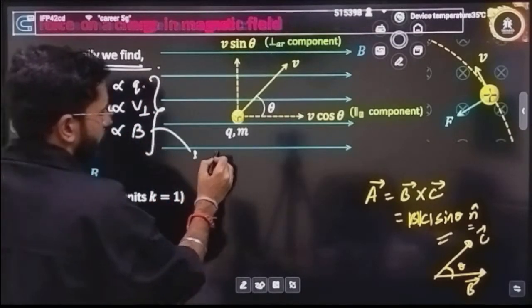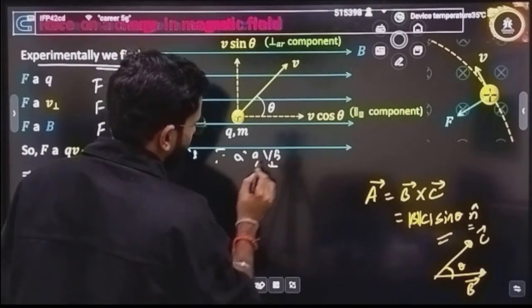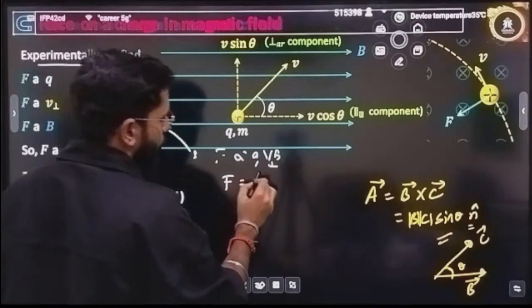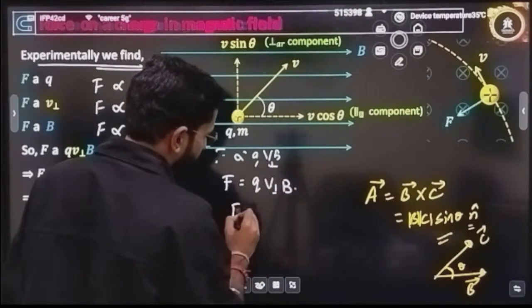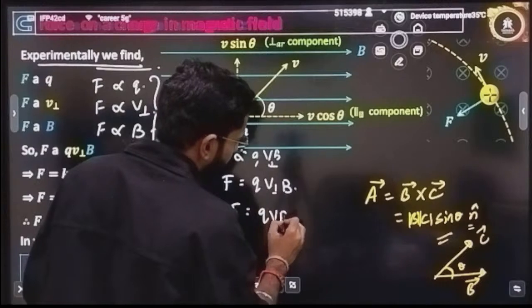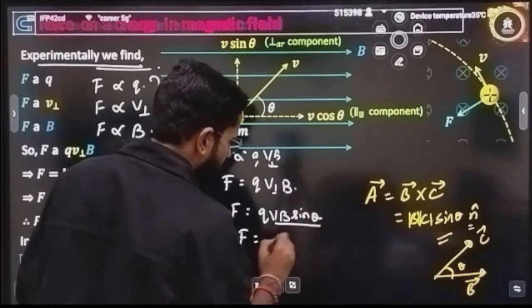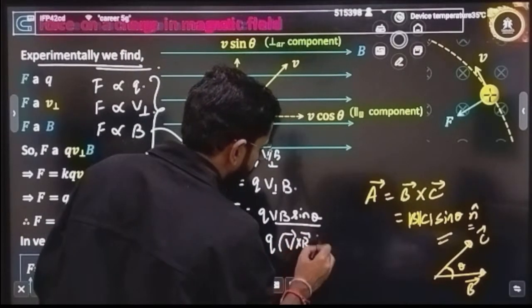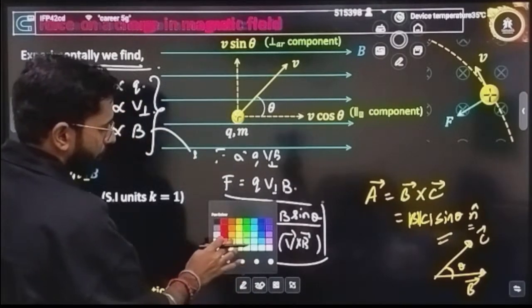Combining this, force is directly proportional to q v perpendicular times B. When we write this properly with the constant k equal to 1, force is equal to qvB sin theta. That means it is a cross product, q times v cross B. This is the formula that you have to always remember.